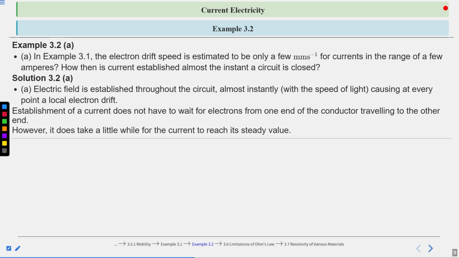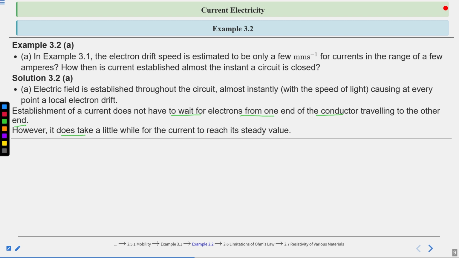So the establishment of a current does not have to wait for electrons to travel from one end of a conductor to the other. It is due to all the electrons present in that conductor, not due to the electron at the other end.